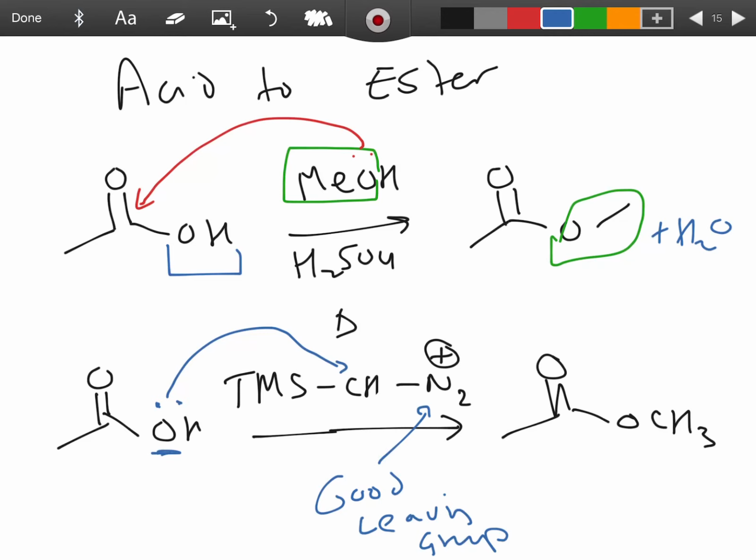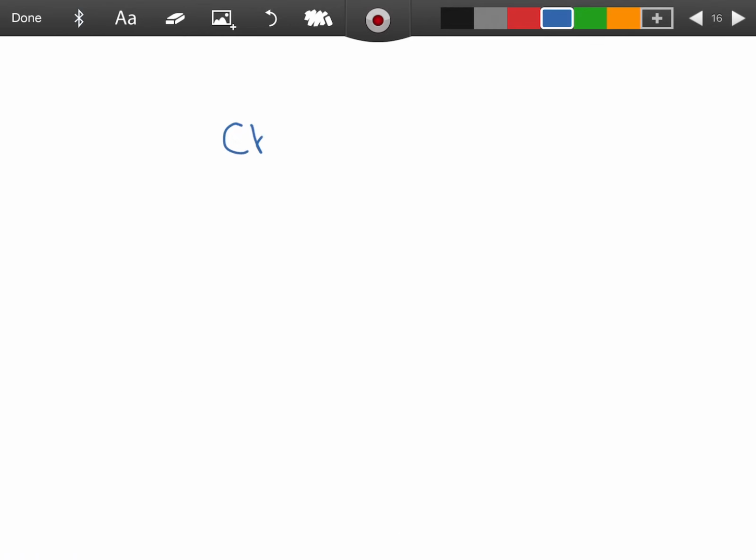Now, diazomethane, CH2N2, blows up like all the time, to the point of you have to buy special glassware. So you know how all of the glassware that you guys use in lab fits together and has those ground glass joints?